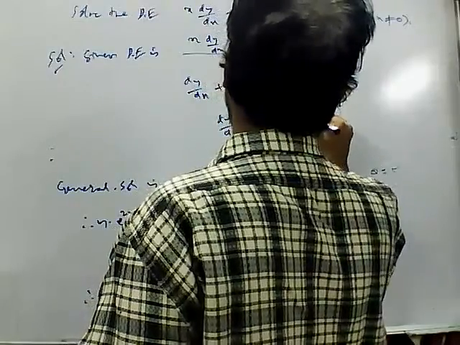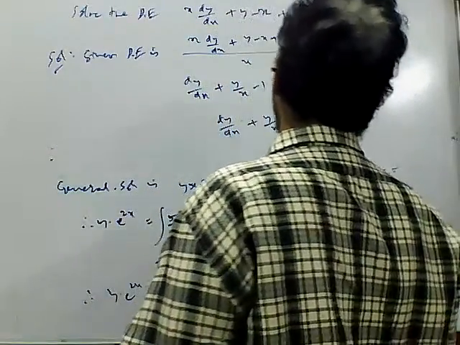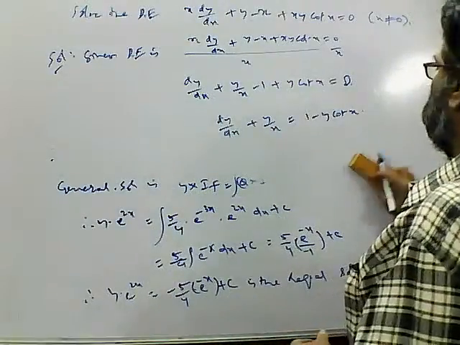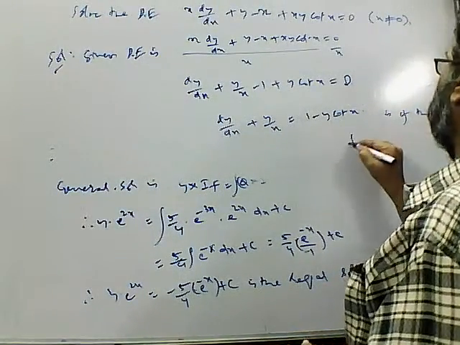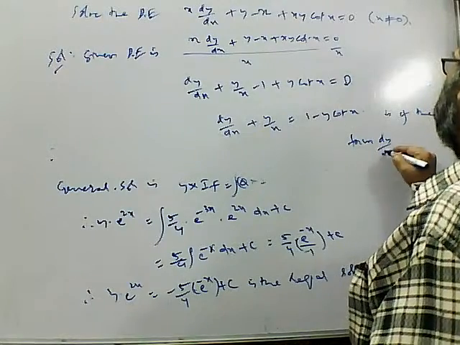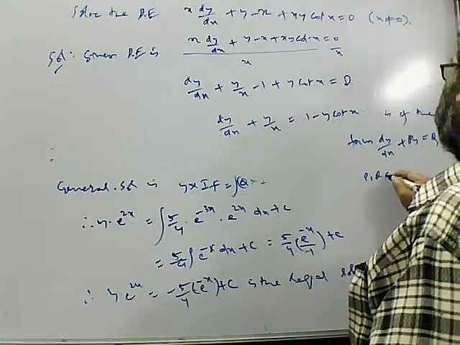You just transform it to the form dy/dx + Py = Q. So dy/dx + y/x + y cot x = 1. These are of the form dy/dx + Py = Q, where P and Q are functions of x.